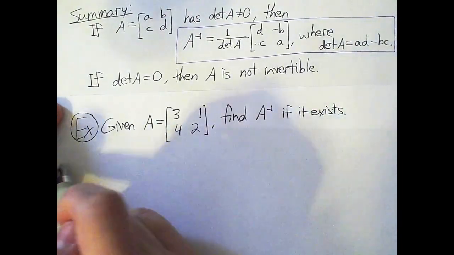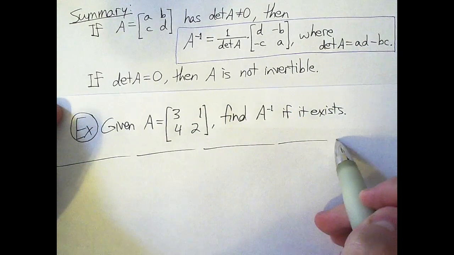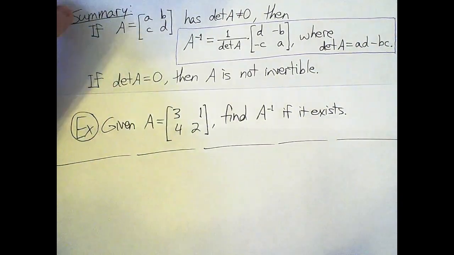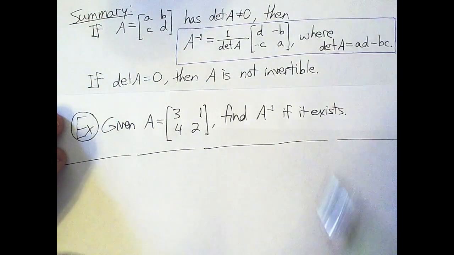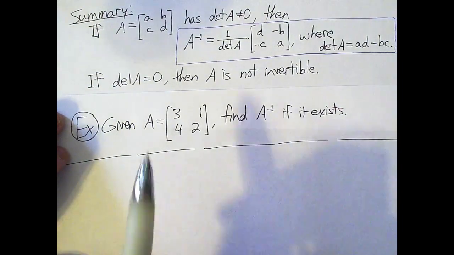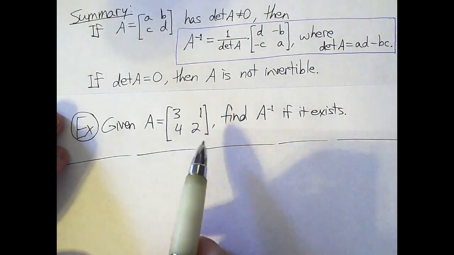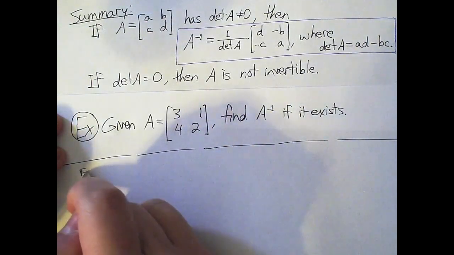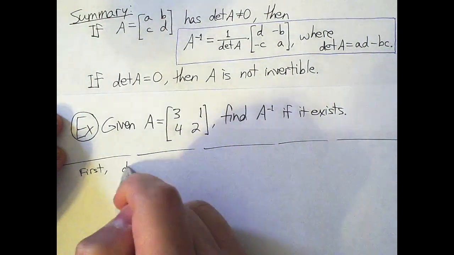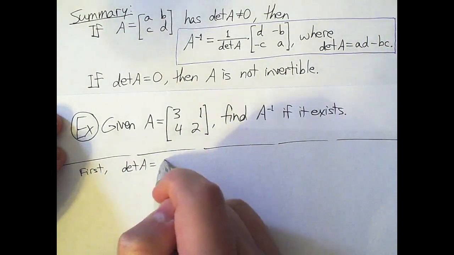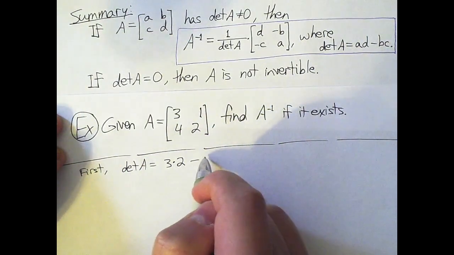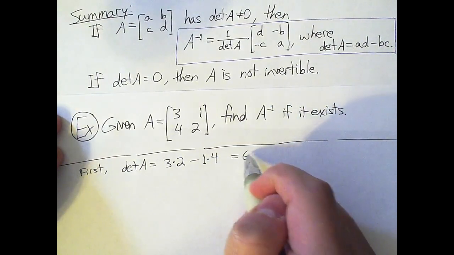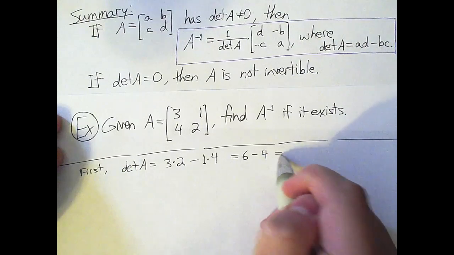All right, so I know what the answer is from earlier in the lesson, but we are going to actually find it. We're going to use this formula, this idea of the determinant. So looking at the 3, 1, 4, 2, we're going to think of them as A, B, C, D. So first, the determinant of A is AD minus BC. So this is 6 minus 4, which is 2.